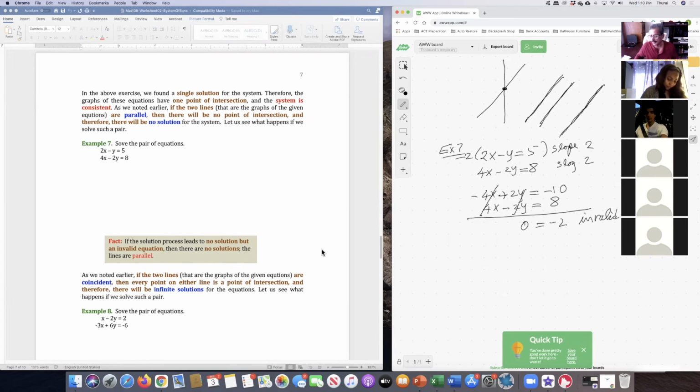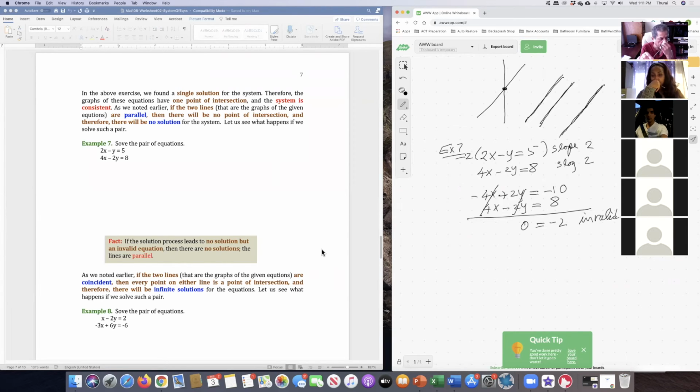So the question can be asked in different ways. Sometimes the problems will say, determine whether the system is consistent or not. In this case, your conclusion is inconsistent. If they say, determine whether these lines are parallel, coincident, or intersecting, then your conclusion is parallel. So depending on the question, you have to answer by using the correct word.